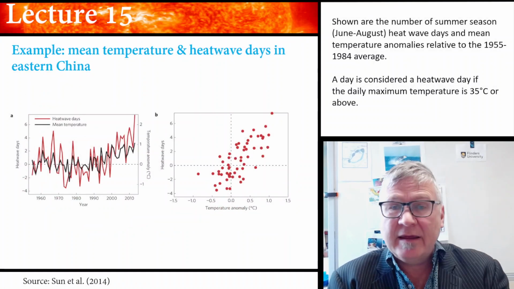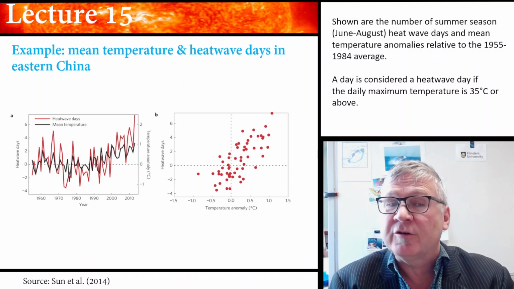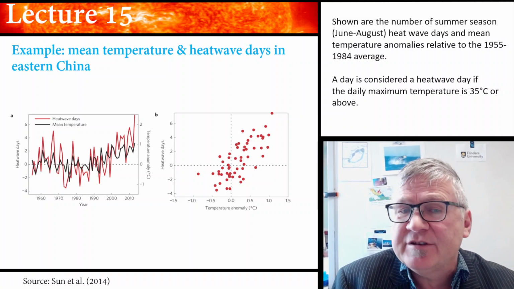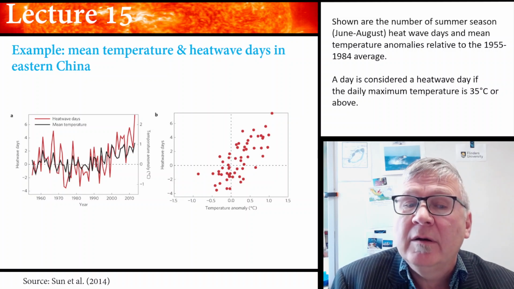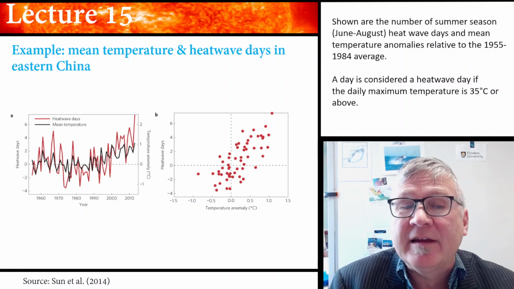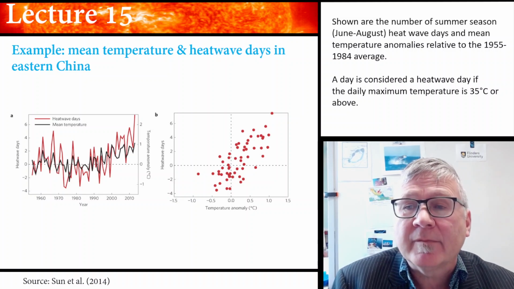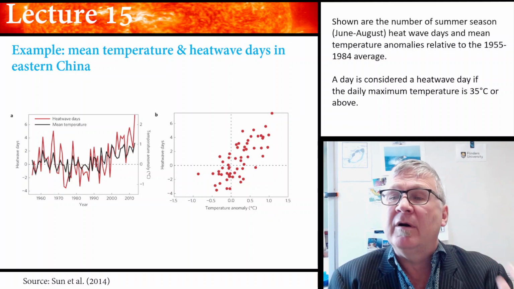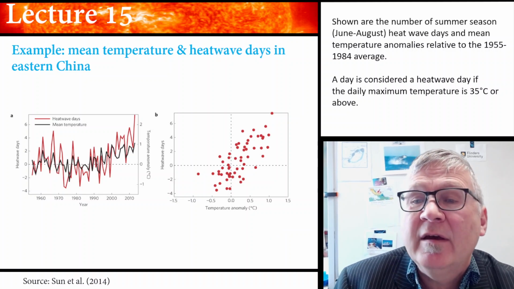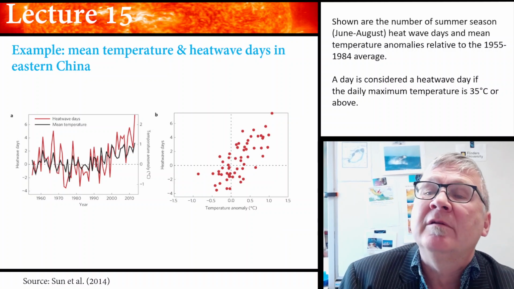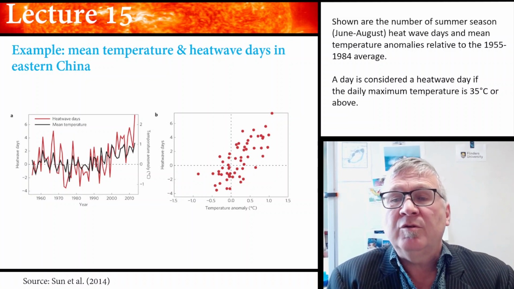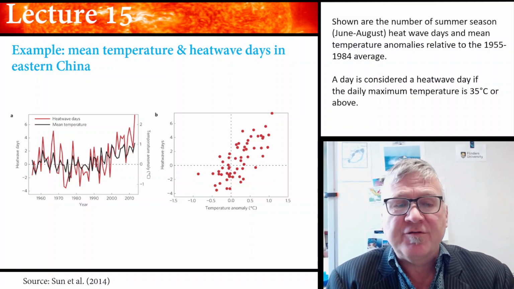So now another example, and this is for Eastern China, looking at changes in the mean temperature and the number of heat wave days. Shown here are the number of summer season heat wave days and mean temperature anomalies relative to the 1955 to 1984 average.